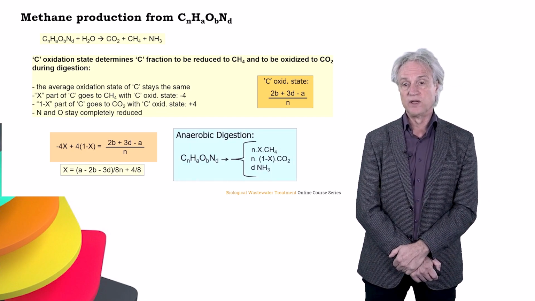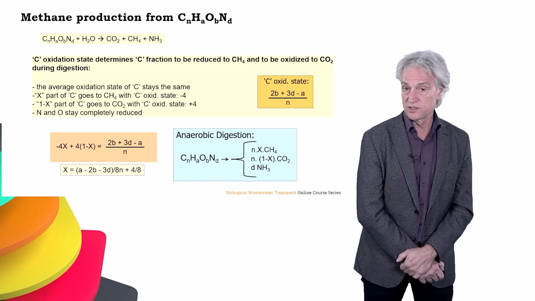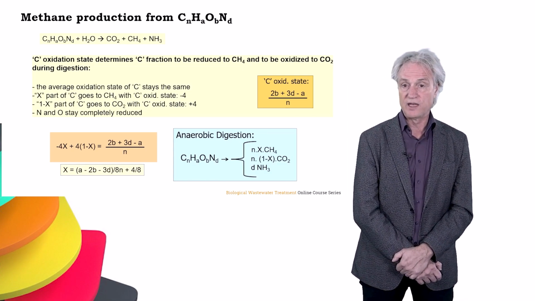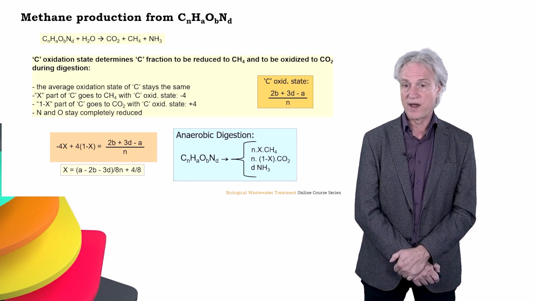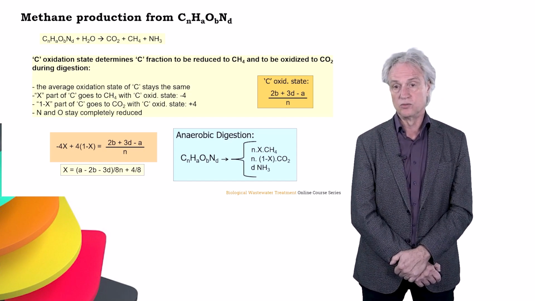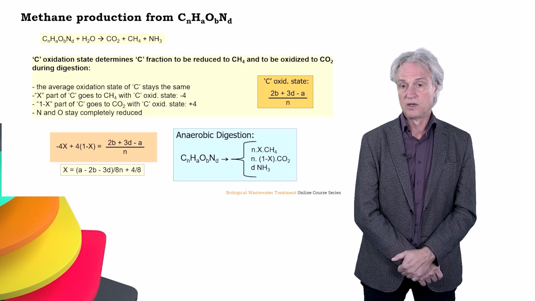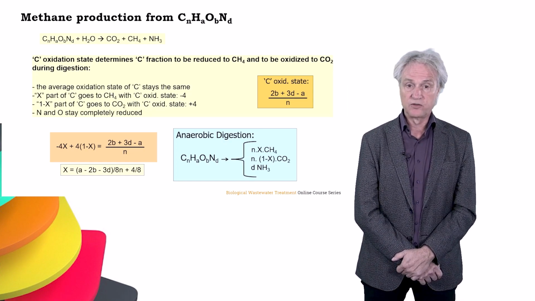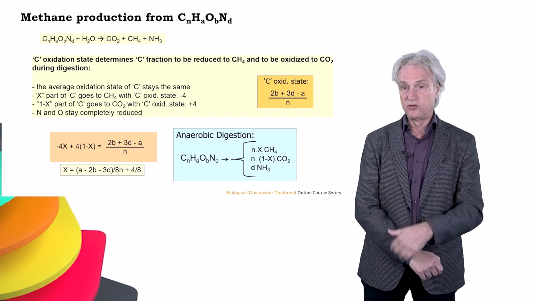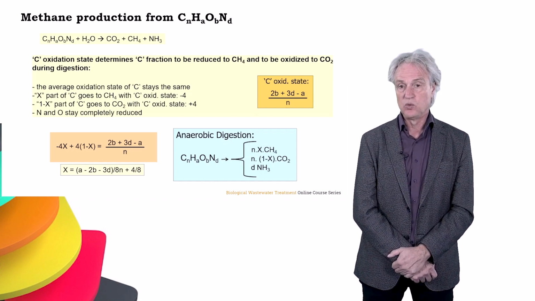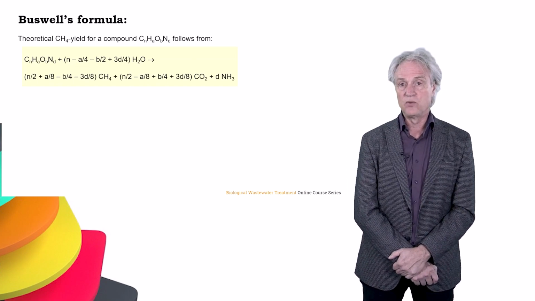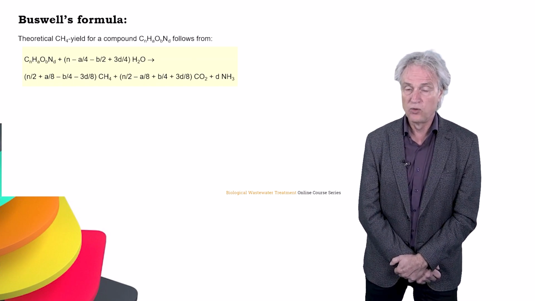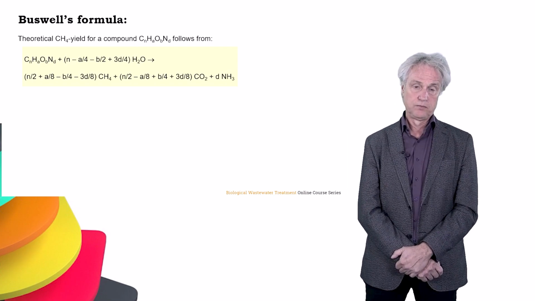And then we have to realize that during anaerobic digestion this compound gives n times x CH4 and n times (1 - x) CO2 plus ammonium. Since x is known, it is deduced from the oxidation state, we can fill the x in the CH4 and CO2 equations and we get this formula, which is known as the Buswell formula.